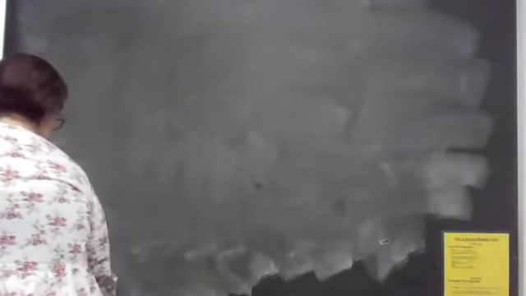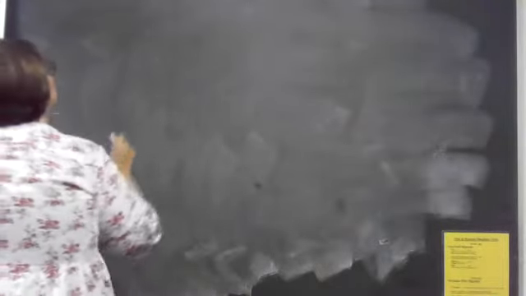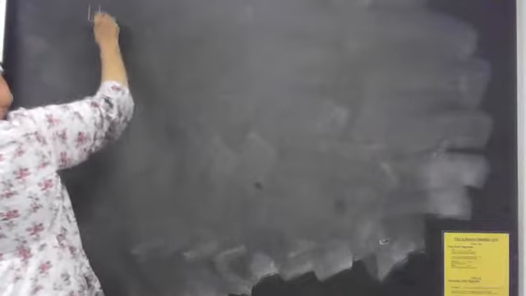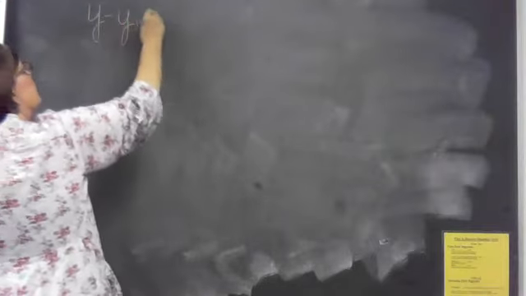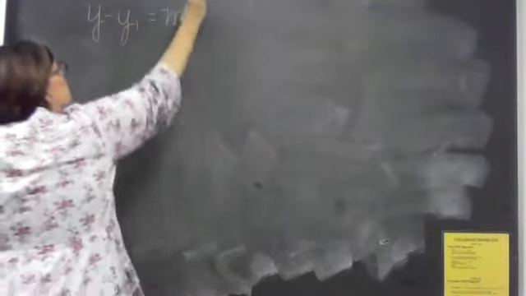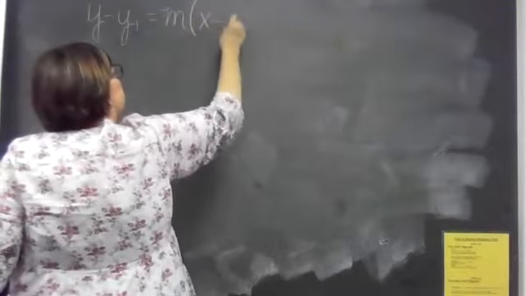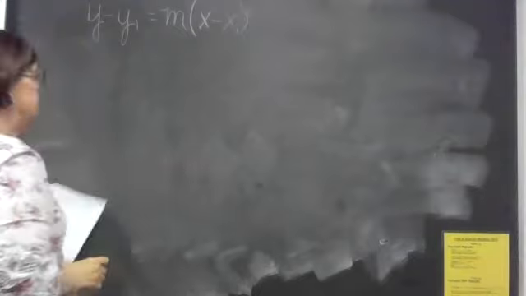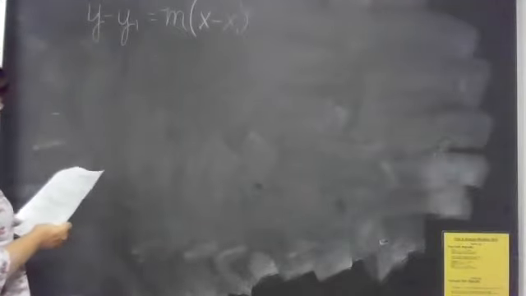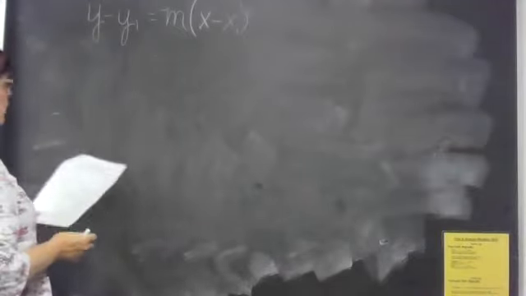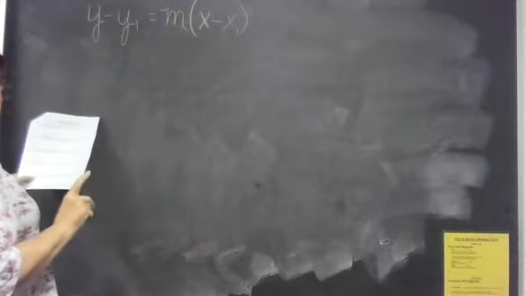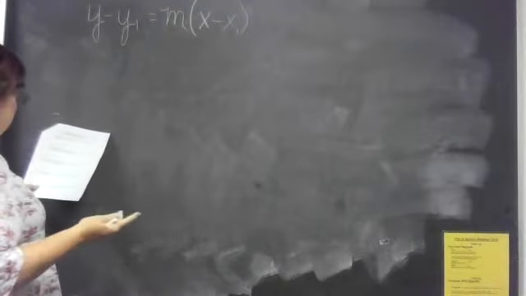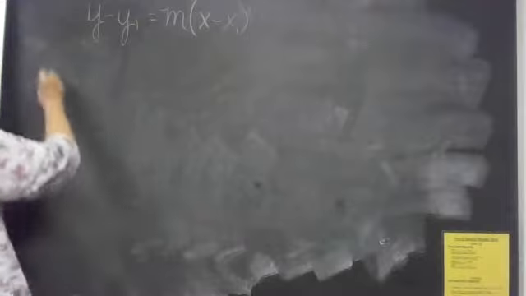So, of course, it says write the equation of a line. So I have y minus y1. Same familiar formula if we write the equation of a line. Now let's see what information we have. We want to write the equation of a line U, they just call it U, passing through this point.